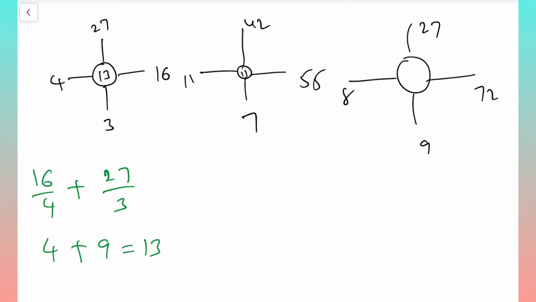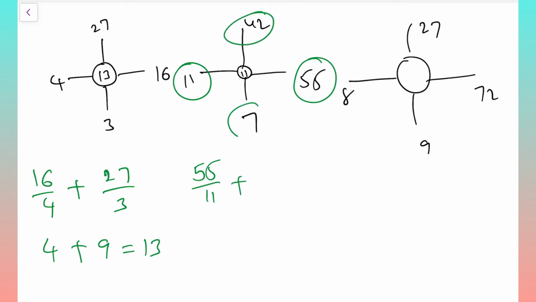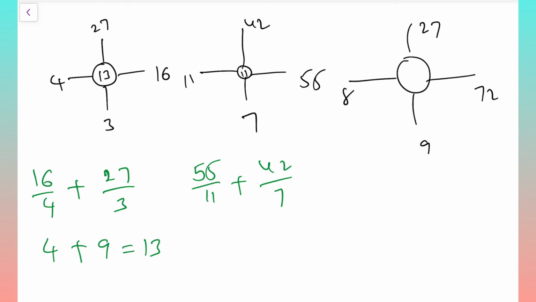Let us apply the same for this now also. 55 divided by 11 plus 42 by 7. 55 by 11 is 5 plus 42 by 7 is 6. 5 plus 6 is nothing but 11, which is the middle number. So it is correct.